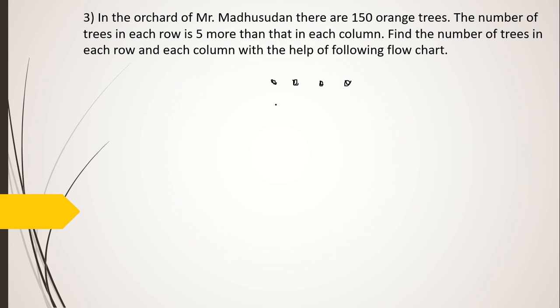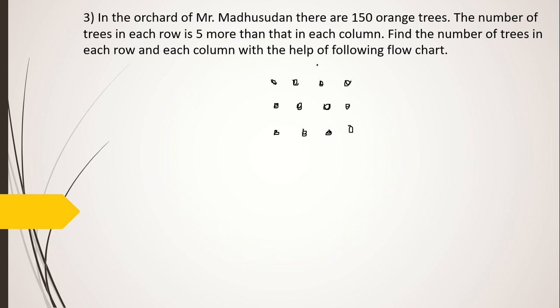Now this is a row. Okay. In each row there were 4 trees. 4 orange trees in each row. And in each column there were 3 trees.